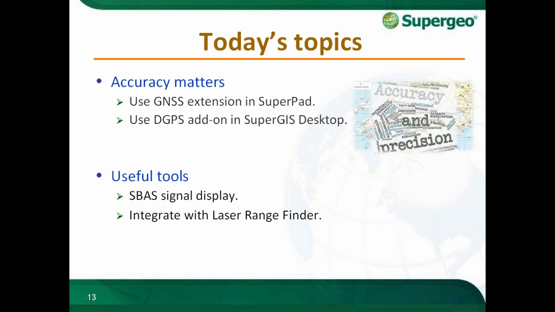After you are back from the field survey, you may want to increase the accuracy of the data you collected. You can use the GNSS extension in the SuperPad, and also the DGPS add-on in the SuperGIS Desktop to post-process your data. For the last section, we will introduce some useful tools, such as spot signal display and laser rangefinder in the SuperPad, to help you with your field work.